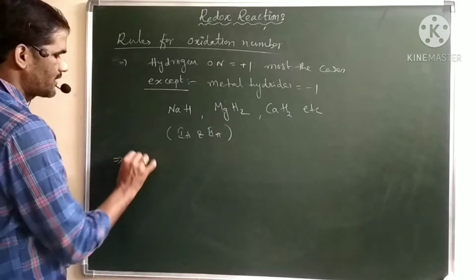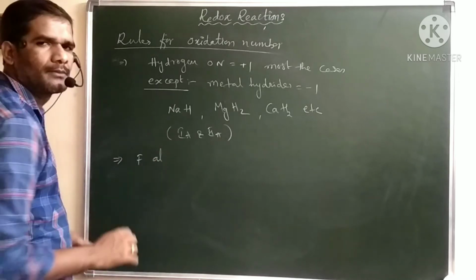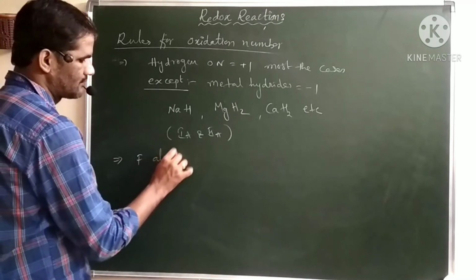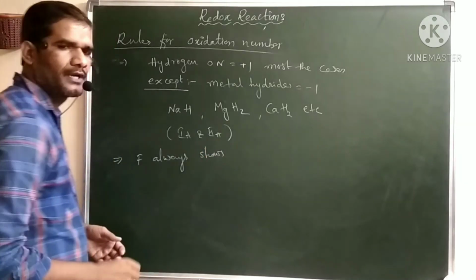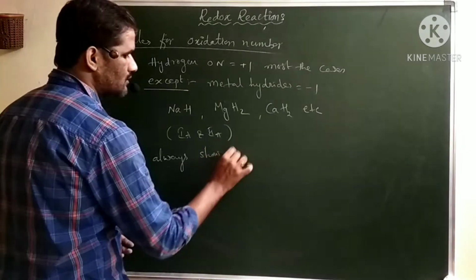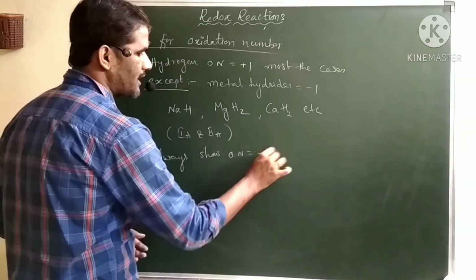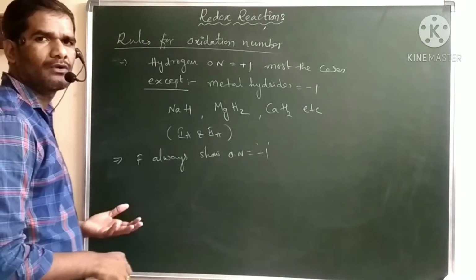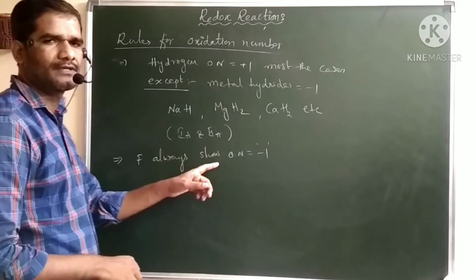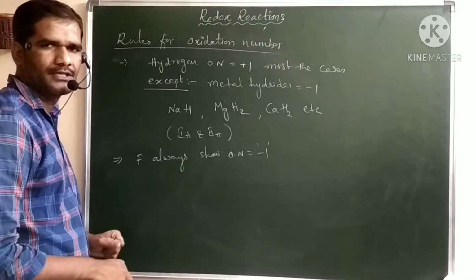Next, fluorine always shows -1 oxidation state. Fluorine's oxidation number is always -1. This is fixed. But the remaining halogens show -1 in halides and also other oxidation states.